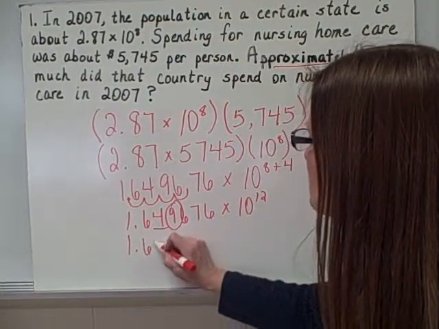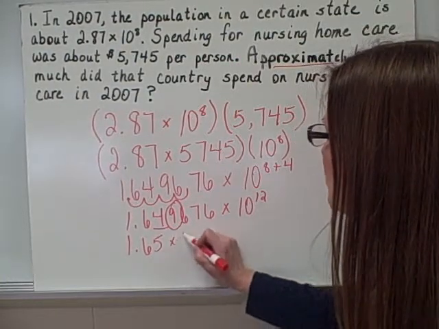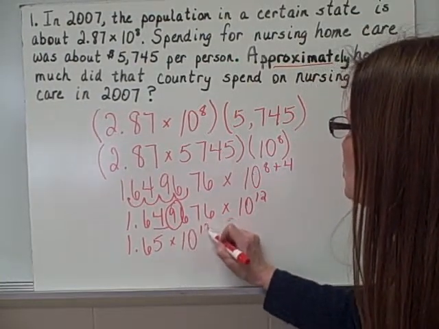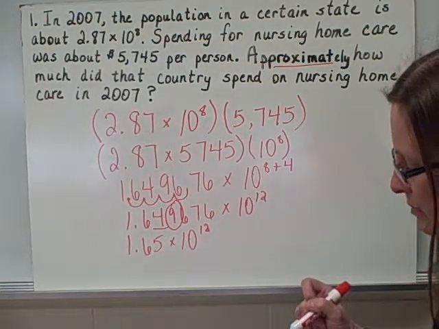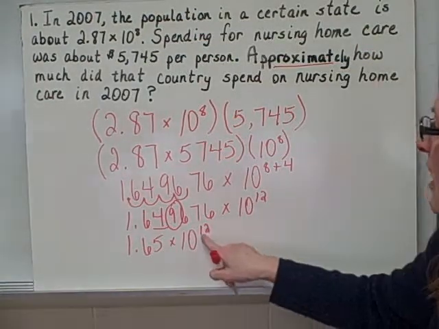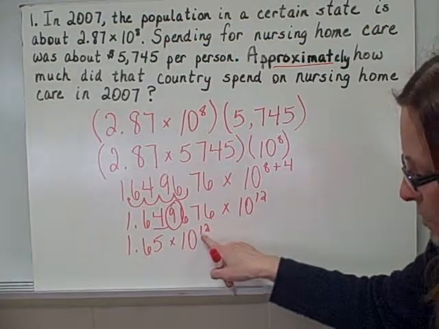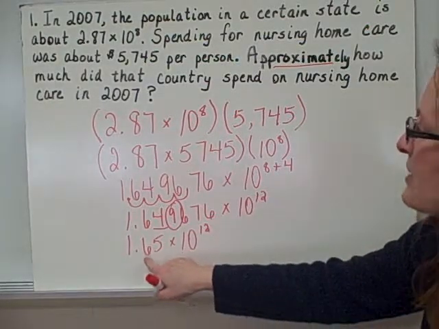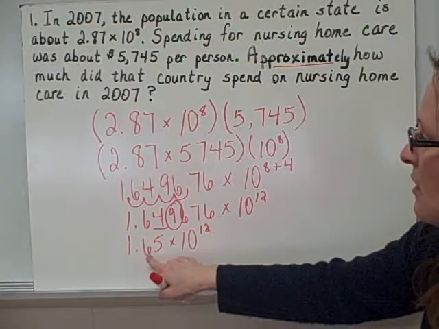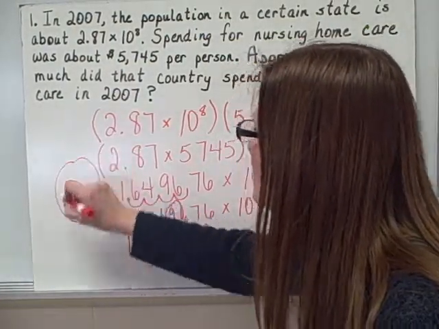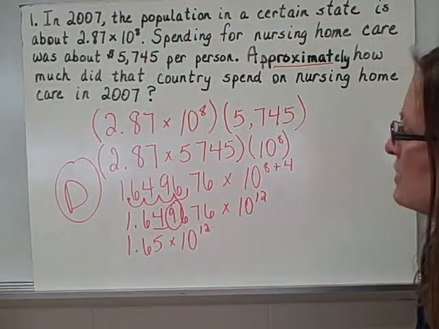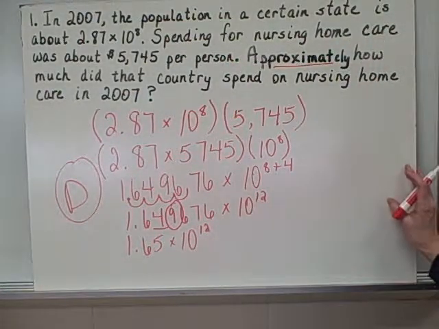I'm going to estimate this answer so that I can compare it to the answer choices that are given. You'll notice that both choice B and choice D have the power of 12, but only choice D has the decimal in the right place. That is the answer that we want. So on your paper, you need to note that choice D is the correct choice for problem 1.